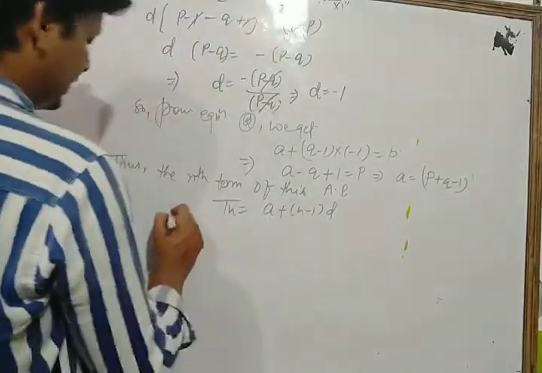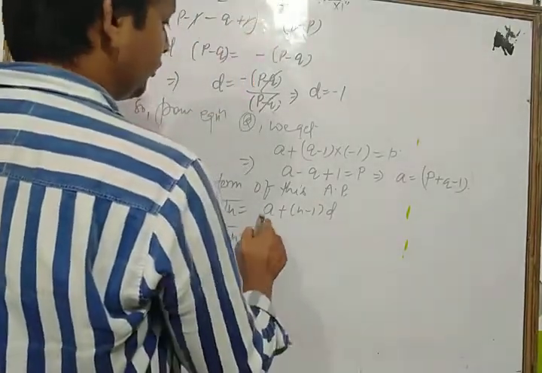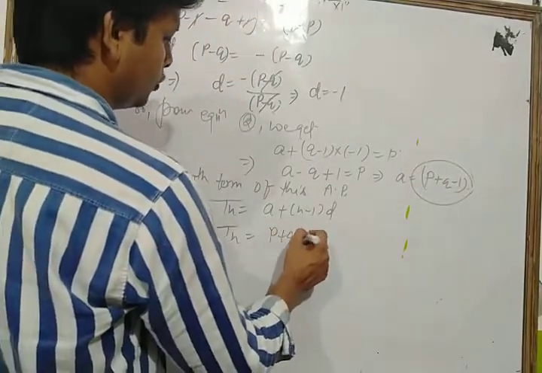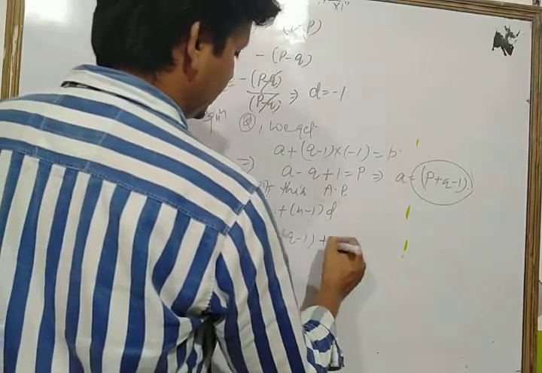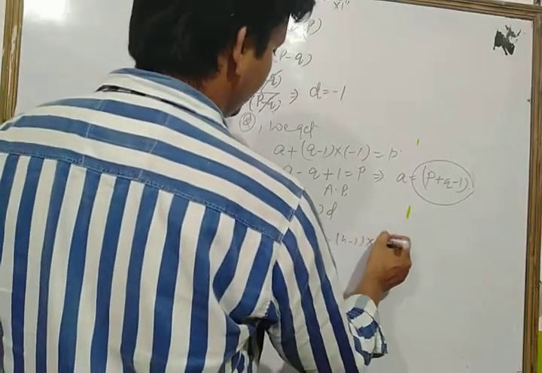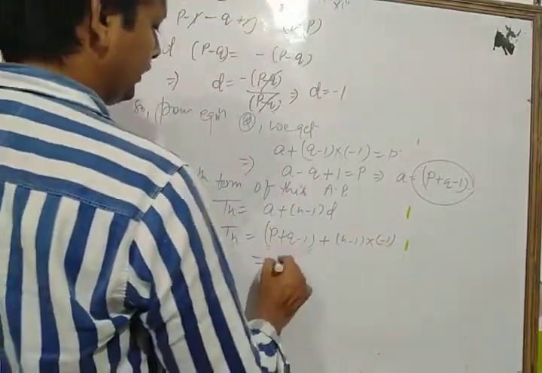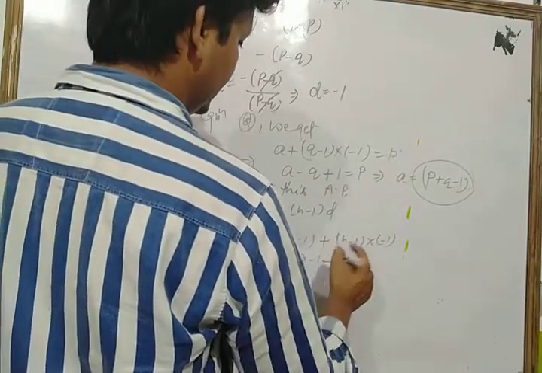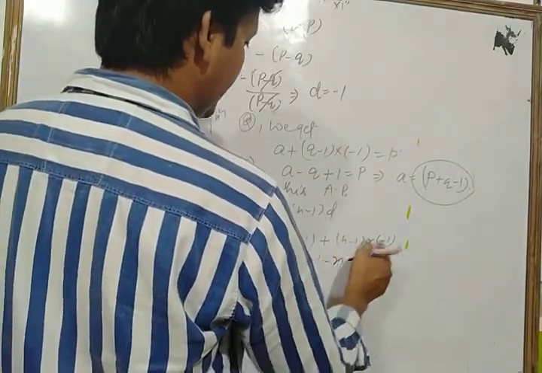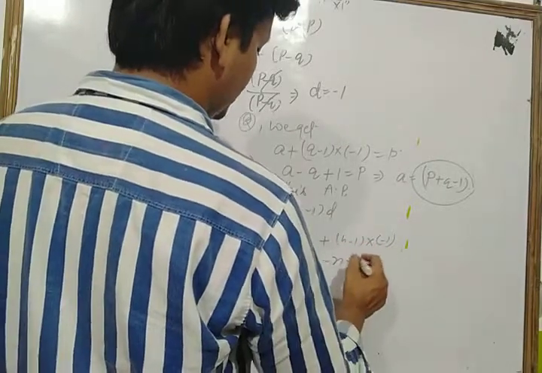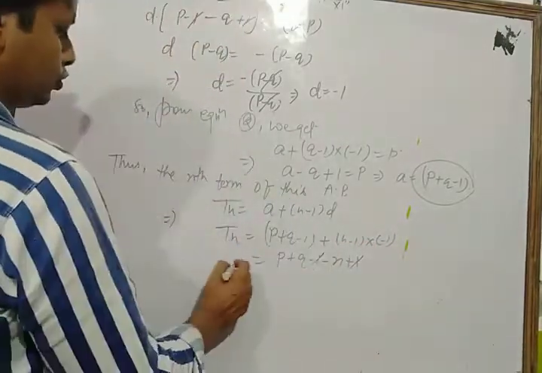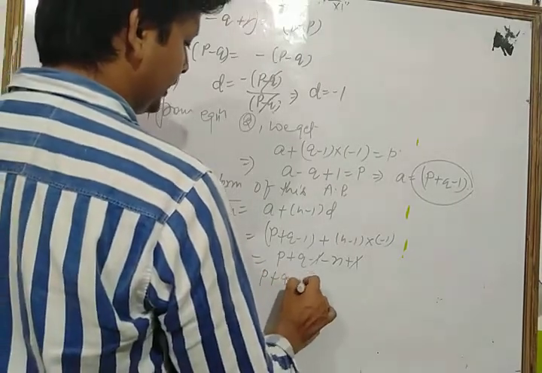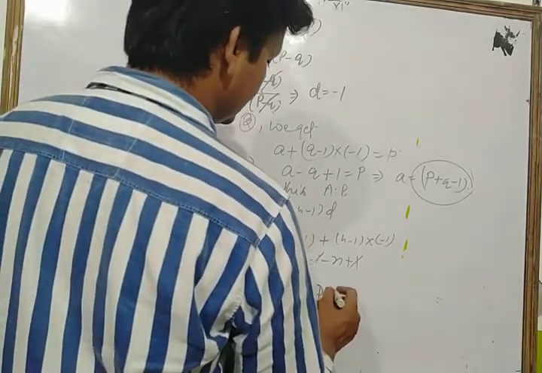The value of a is p plus q minus 1, and the value of d is minus 1. So solving that, p plus q minus 1 minus n plus 1. The 1 cancels out. So its nth term is p plus q minus n. Hence proved.